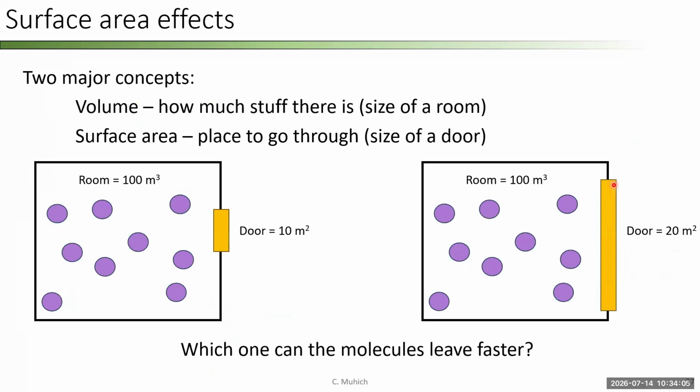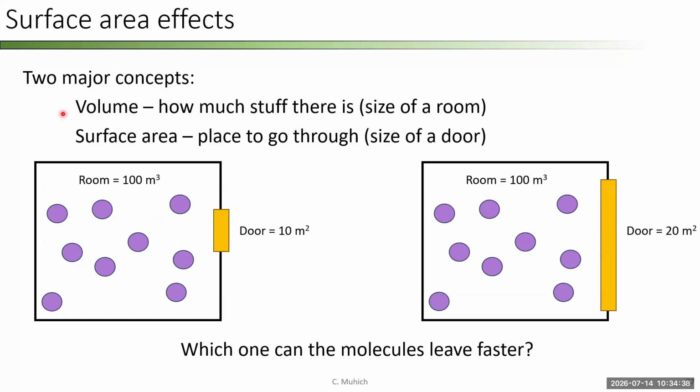All right. So in addition to heating things up, there are some effects that we can rely on to try to get things to move faster. And I want to think about this in terms of surface area effects. So let's think about our oil cavities again. There are two major concepts that are going to dictate the system.